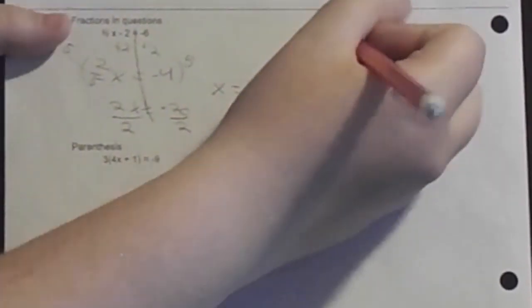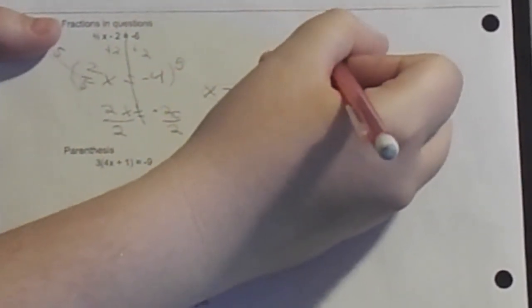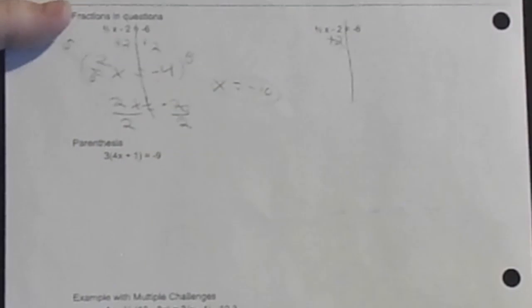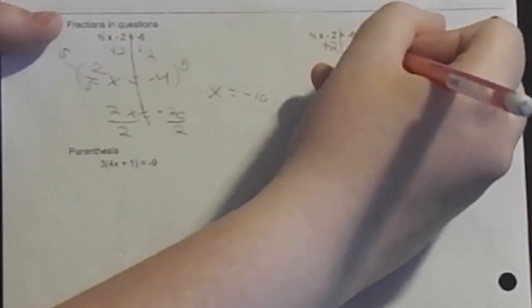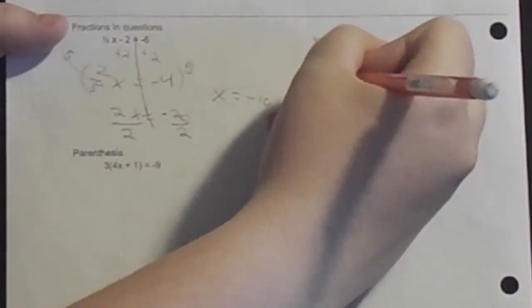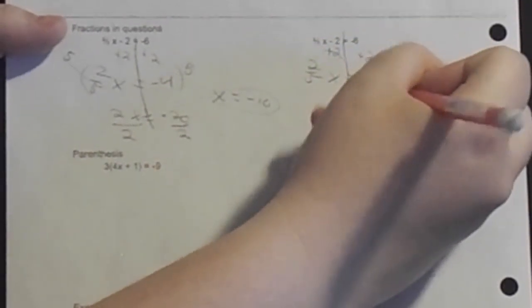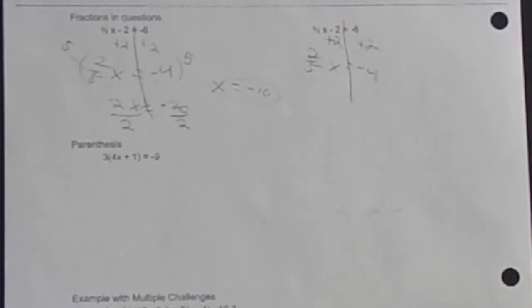So another way to think about 2/5 x is 2/5 times x, a fraction times x. So always first, you want to move away the thing that's being added or subtracted on. It's a -2, so I'm going to add my 2 away. So I'm left with my 2/5 x equaling -4. Now instead of timesing by 5 then dividing by 2, you could also just say, well, it's 2/5 times x.